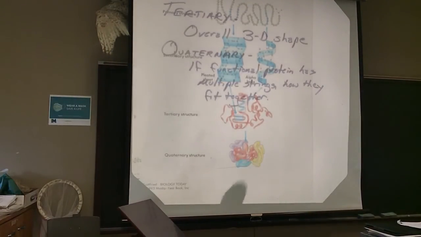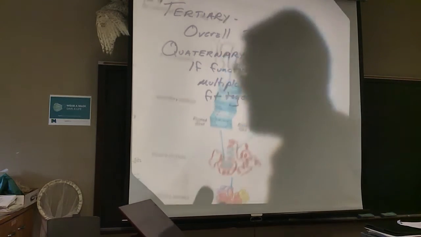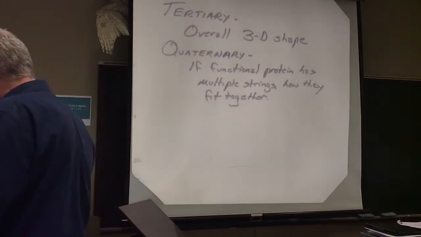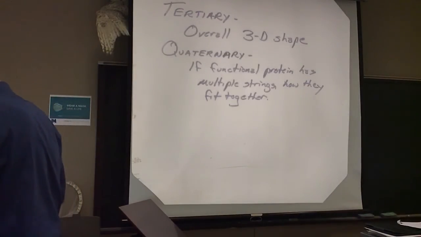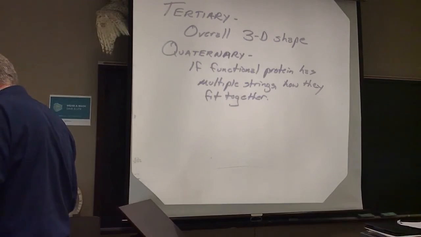This is quaternary structure, where whatever that protein is, this is the functional protein, but it's actually several strings fit together. They've got the secondary structure and the tertiary structure as well, but they only work when they're all locked together. Your hemoglobin is like that. The oxygen-carrying part of your blood has quaternary structure.